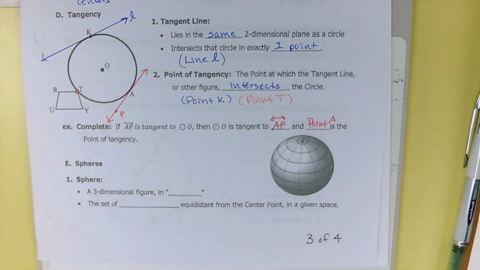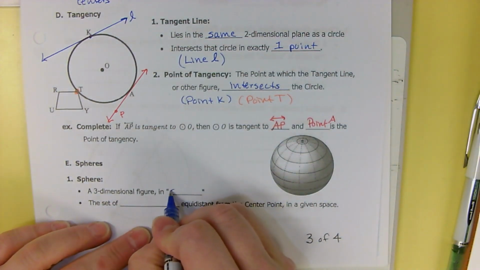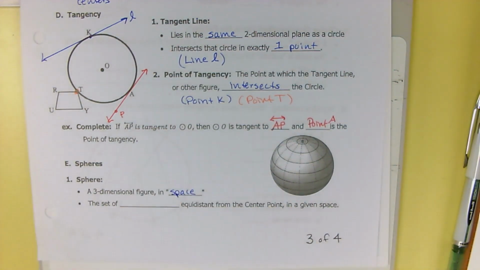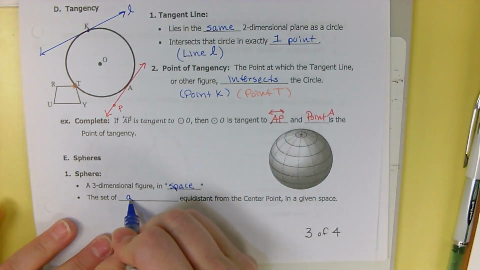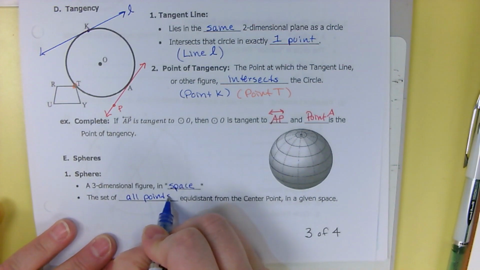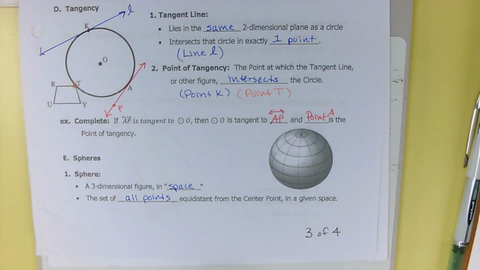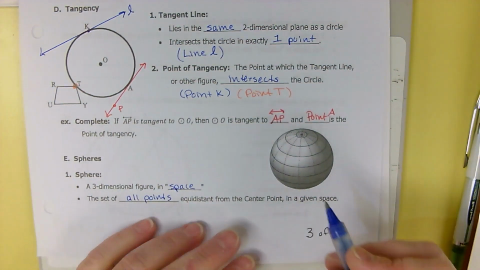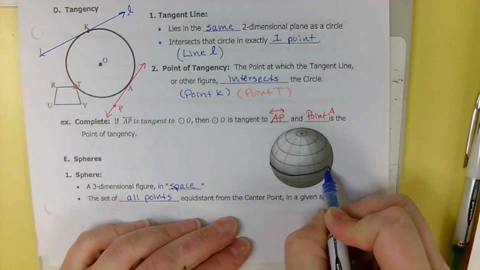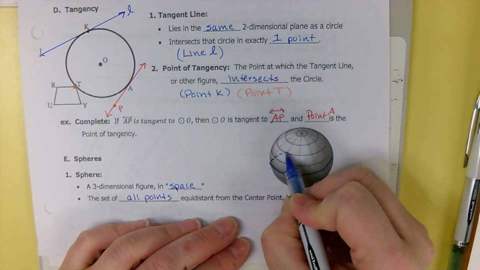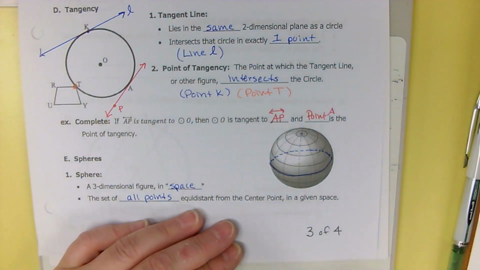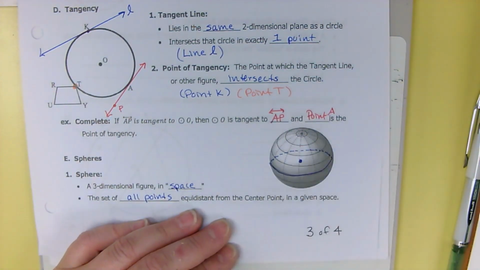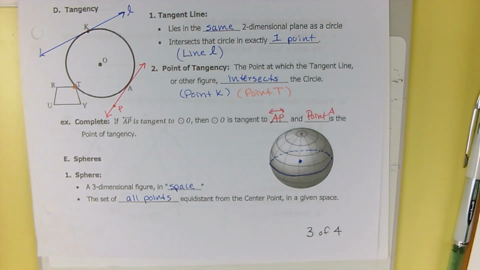Okay, E, spheres. A sphere is a three-dimensional figure, and we say it is in space. Space is the geometric word for three dimensions. It is the set of all points equidistant from the center point in a given space. Okay, so if we take this middle circle and draw in the invisible part, which is in the back, that would be the center point of the sphere.